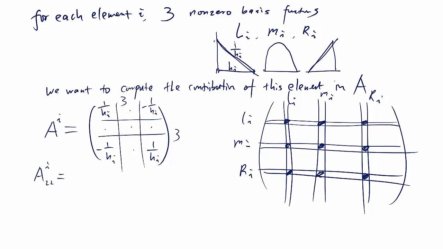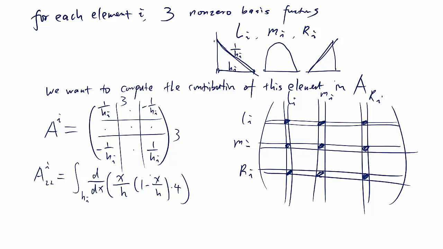AI22 is equal to the integration over hi of the derivative of the middle basis function, squared. The middle basis function is x over h times 1 minus x over h, scaled by 4, because I want the value of the function to equal 1 when x is equal to half of h.